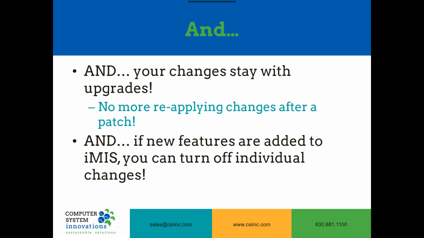And what I mean by that is IMS is getting better all the time. And say you're using PageFilter to change something you don't like about IMS, and the next release of IMS fixes that issue. Well, then you don't need that PageFilter rule anymore, and you can go right on and disable it. And you don't need to be a technical consultant to disable or enable a rule, and that's what really makes it kind of fun and powerful here.